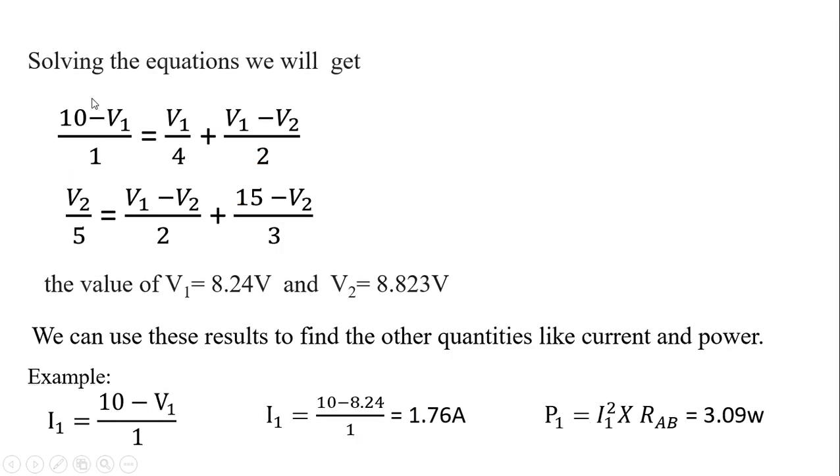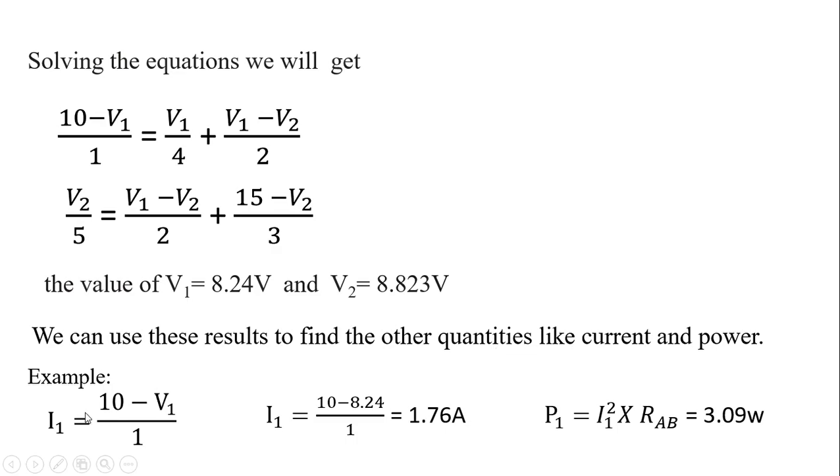Solving the first and second equations, we get V1 as 8.24 and V2 as 8.82. Solve these two equations using Cramer's rule or the elimination method. We can use these results to find other quantities like current and power.